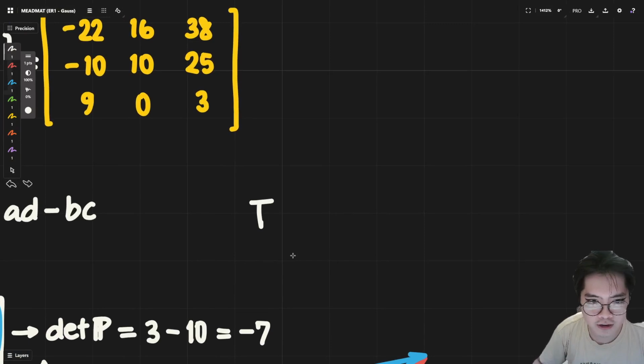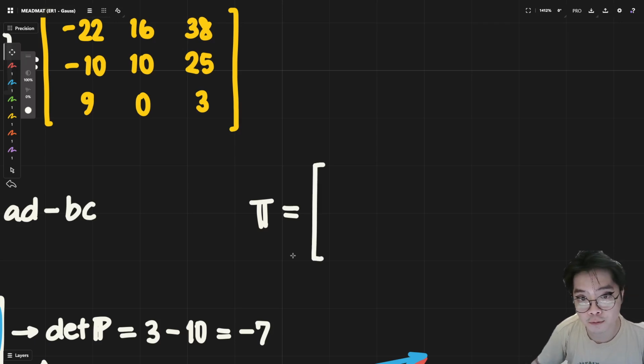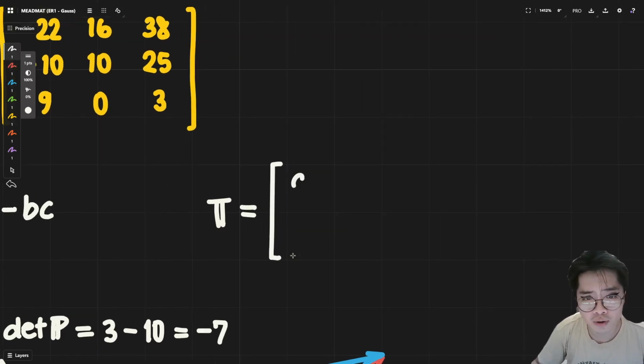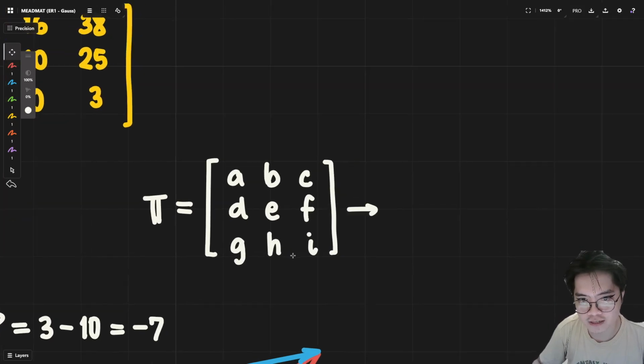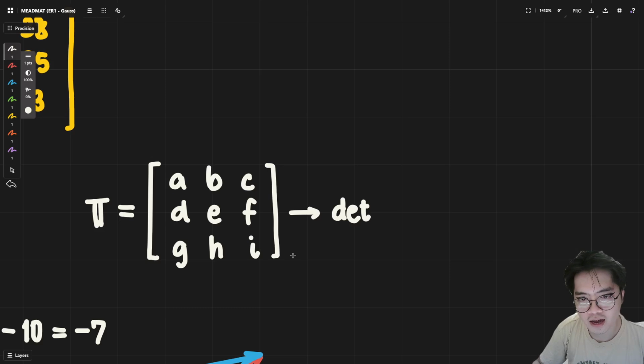Say, for example, here you have a matrix T, which is now a 3 by 3. Let's say, for example, A, B, C, and then D, E, F, and then G, H, I. The determinant of T is going to be a bit more involved.